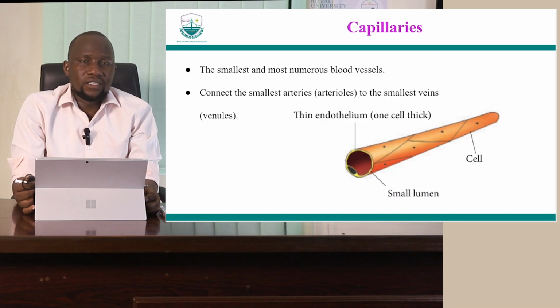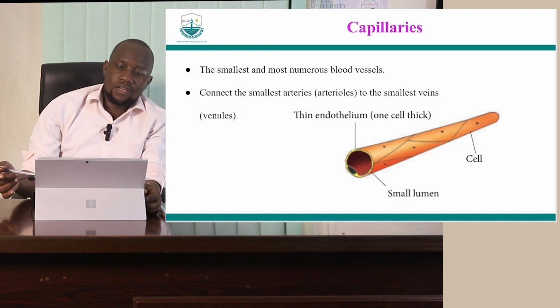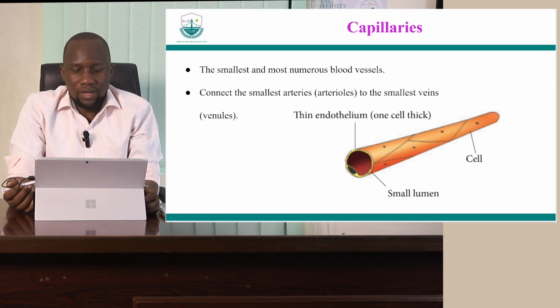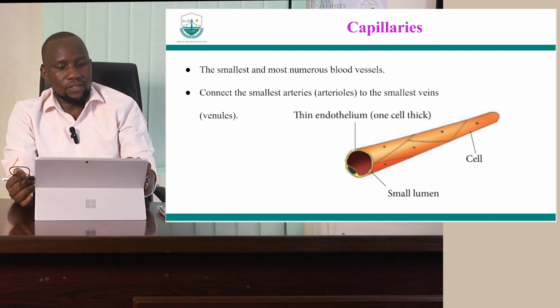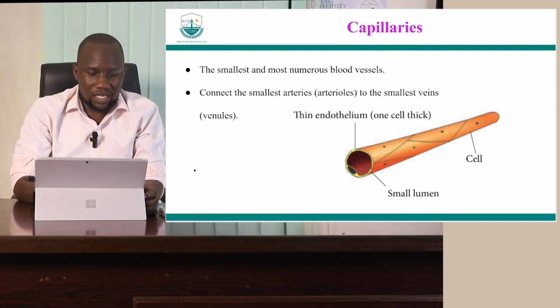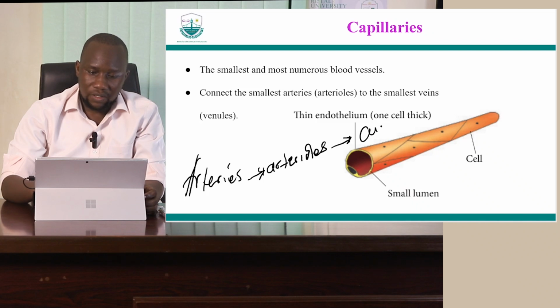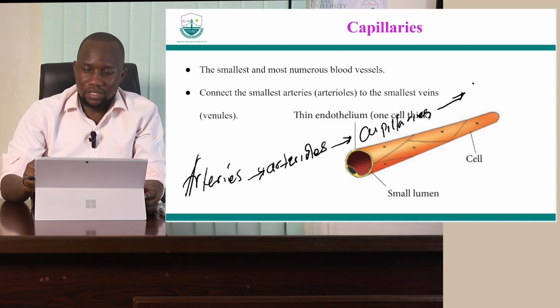The veins actually connect to capillaries. So what we basically have is arteries connect to arterioles, and then the arterioles connect to capillaries, and then the capillaries connect to veins.